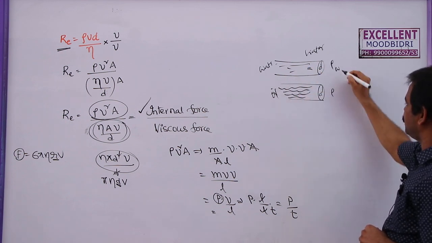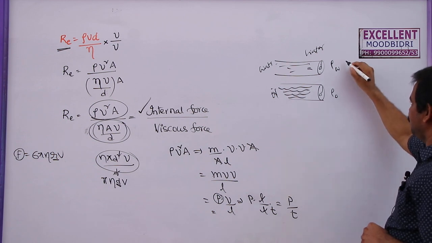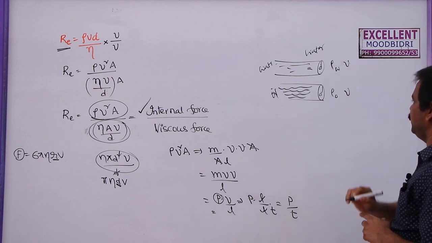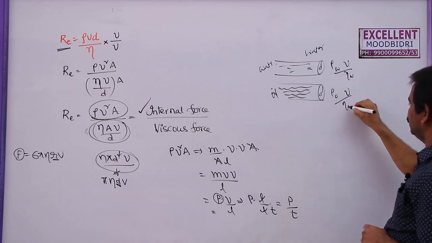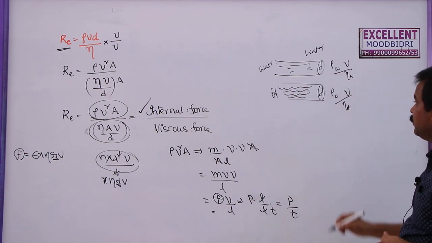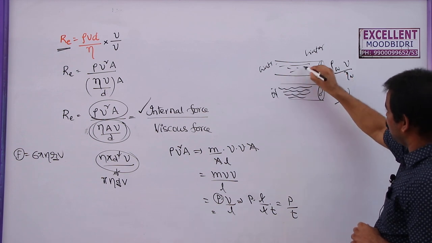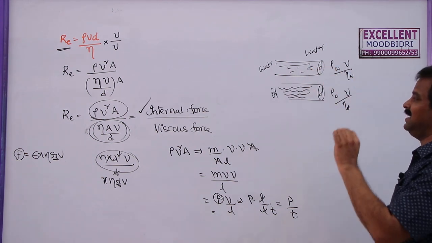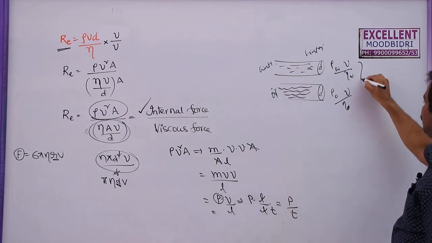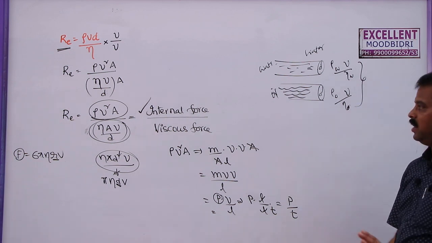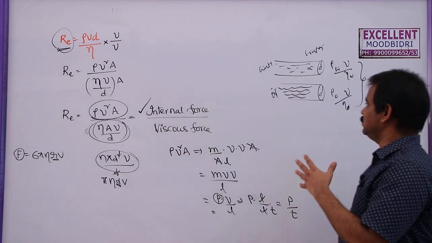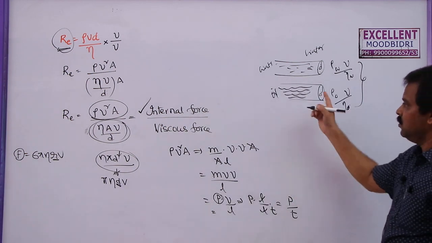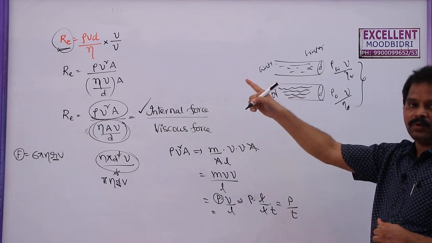This is the density of water, this is the density of oil, and their velocities may be the same and d the same. The viscosity is different, but it is found that both flows will become turbulent at almost the same number. That's why Reynolds number is used for any liquid, whether viscous or non-viscous, to find whether the flow is turbulent or not.